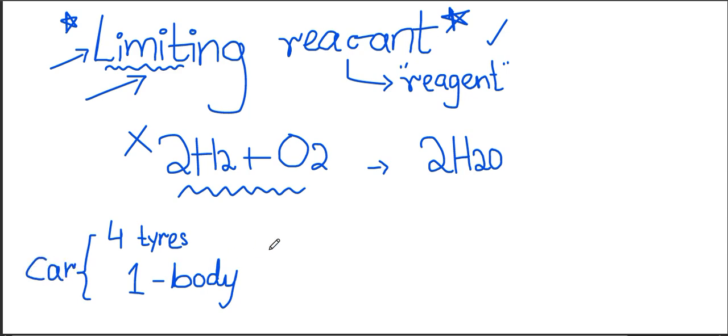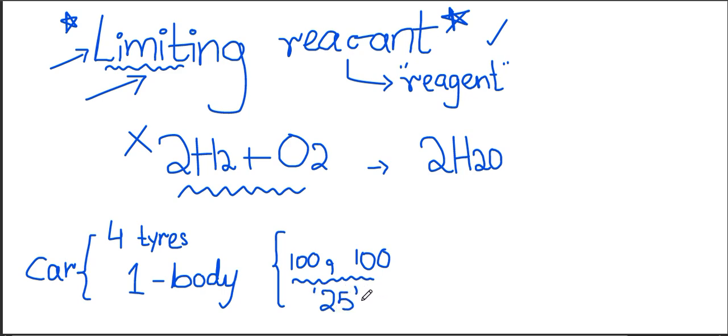Now, what if I give you a number which says you only have 100 tires and 100 bodies? Now, just calculate it quickly. I believe that's 75% less than it. That will be 25 at first glance.